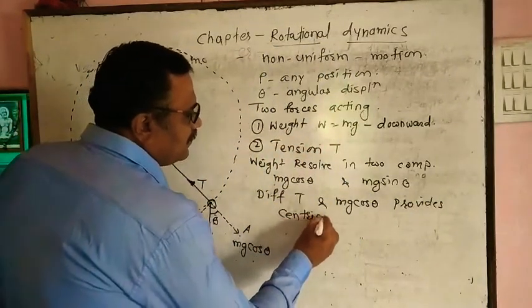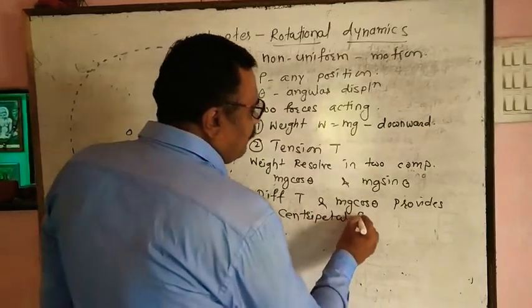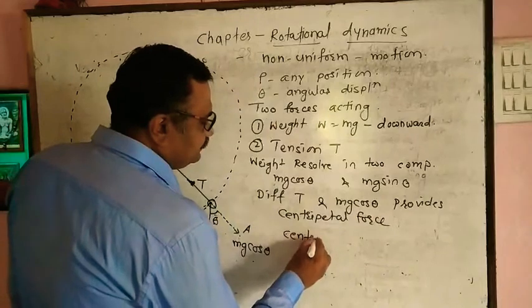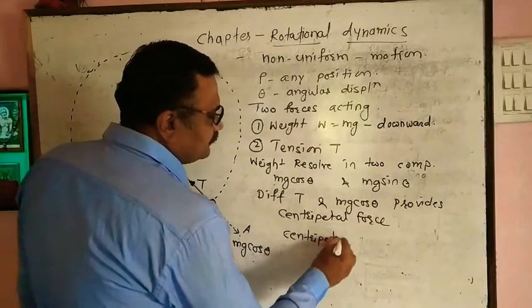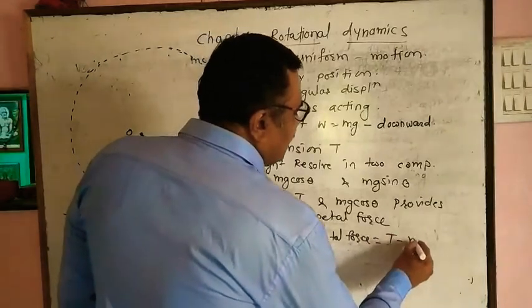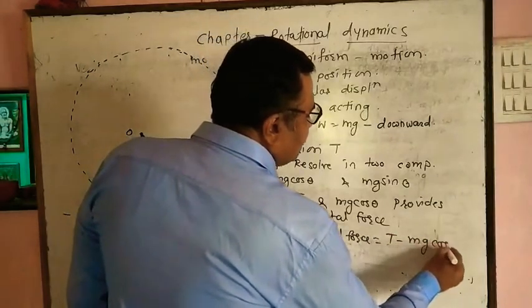Therefore we write centripetal force is equal to T minus mg cos of theta.